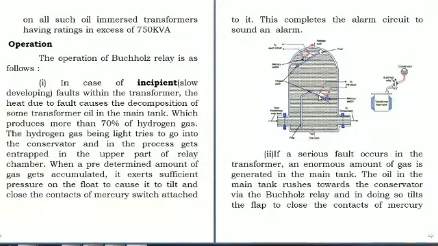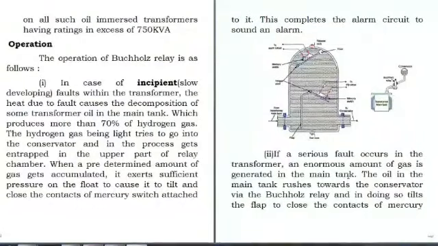If a serious fault occurs in the transformer, an enormous amount of gas is generated in the main tank. Because an enormous amount of hydrogen gas is formed, it moves upward and creates higher pressure. So if there is a serious fault, it can automatically be identified as a fault inside the transformer.